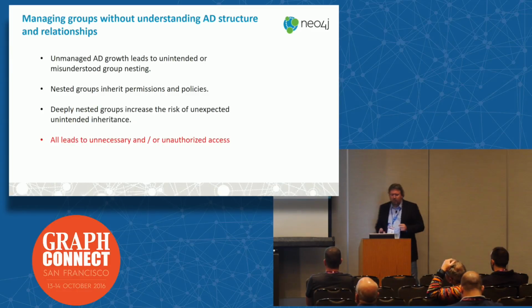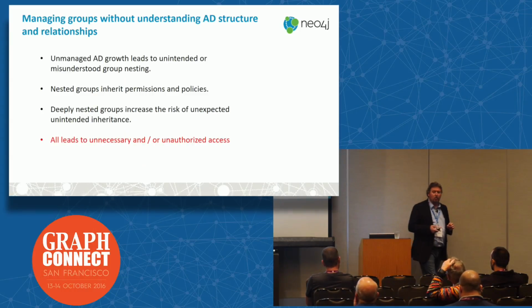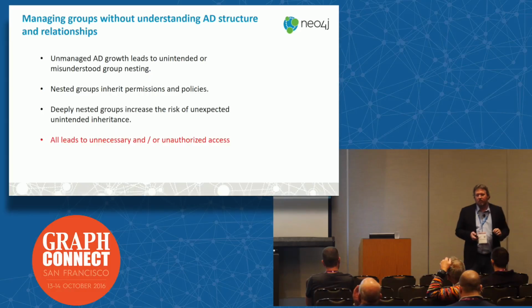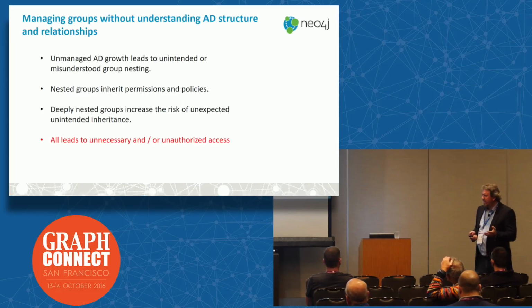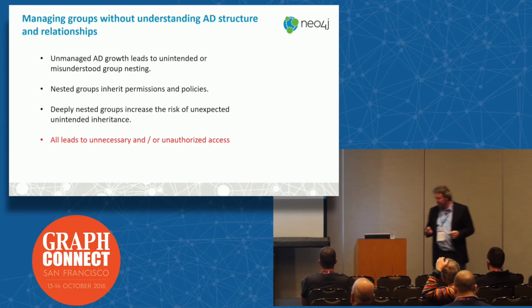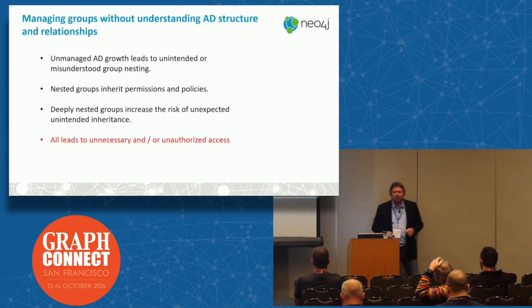Deeply nested groups increase the risk of unexpected or unintended inheritance, and all of this leads to unintended or unauthorized access, right? If it's unintended, that can definitely lead next to completely unauthorized access for some particular resource, whether it doesn't have to do anything with a compromised account. It could just be folks inside your organization that are getting access to resources that they have absolutely no need to have.